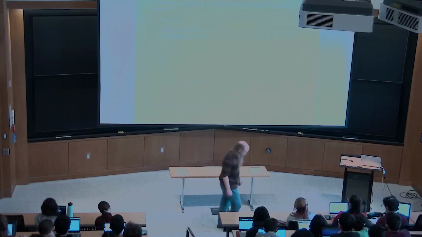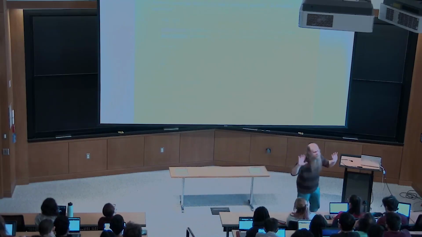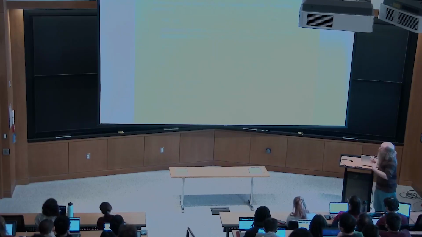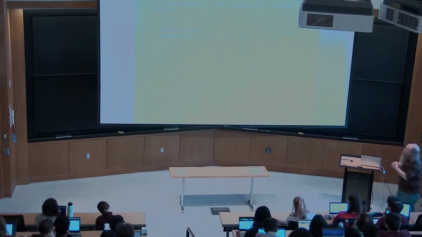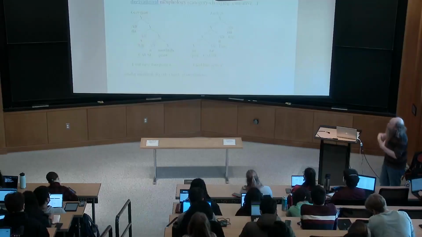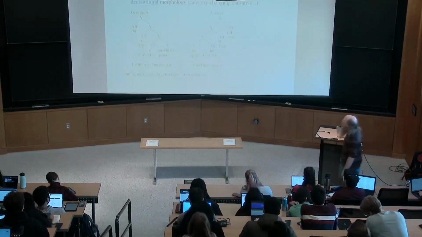They're different tenses. But they're both about causing someone to do something to something. They have that in common. And they're different in other ways, too. The Georgian verb is preceded by several prefixes. The Turkish verb is followed by several suffixes. But here's what they finally have in common.